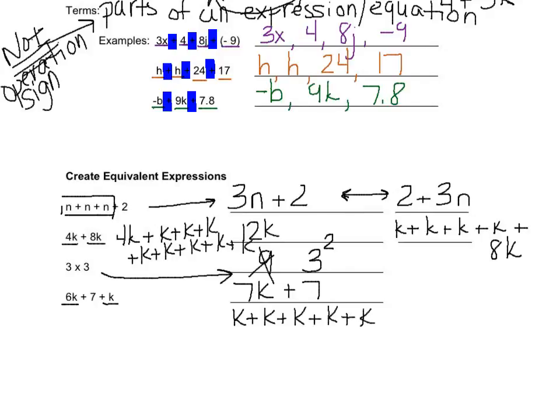Let's see, 1, 2, 3, 4. One more. And then I could do plus 7 plus k. Or I could put all the k's together and put 7 on the end. So both of these are correct ways of coming up with equivalent expressions.